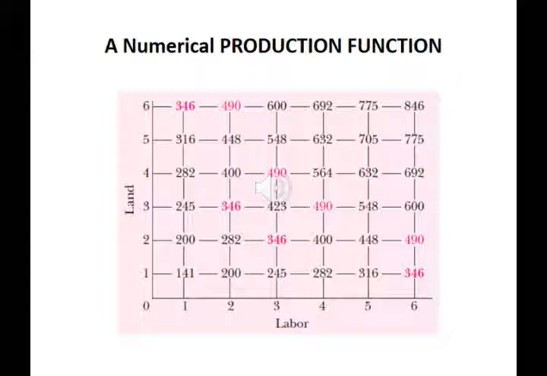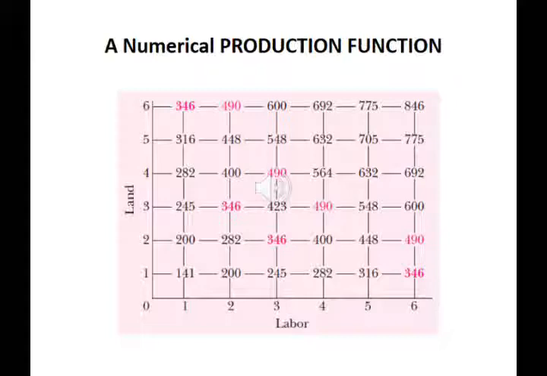This is clear from our table. So using just 1 unit of labor and 1 acre of land, the total product was 141. When I jumped to 2 units of labor and 2 acres of land, i.e. when I doubled my inputs, as you can see, output reached 282, which means that output doubled as well. So this confirms that we are having constant returns to scale.